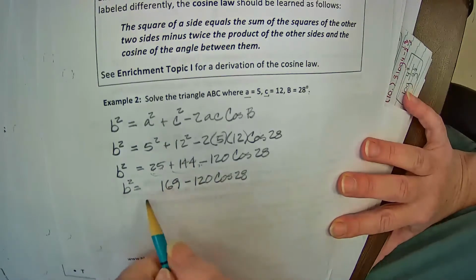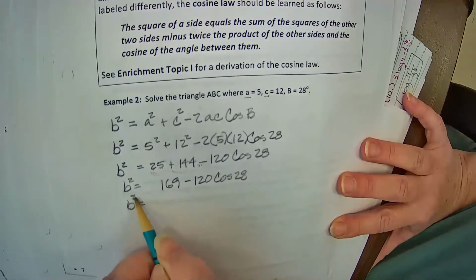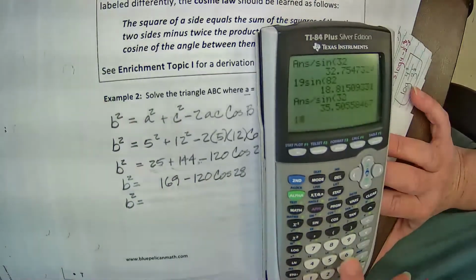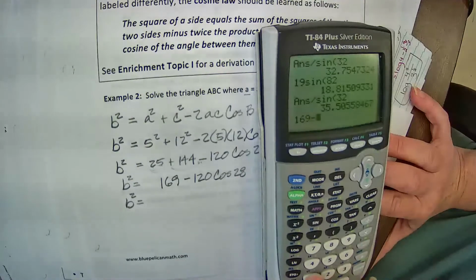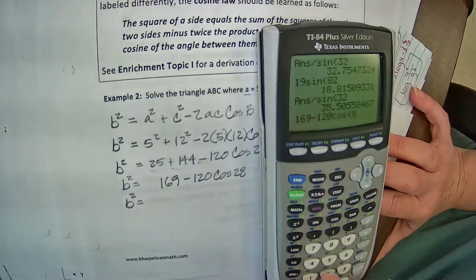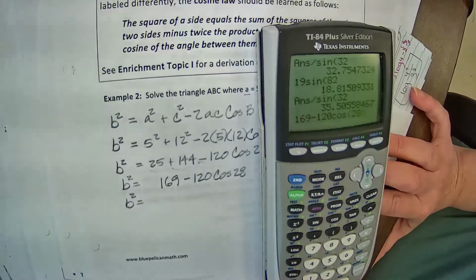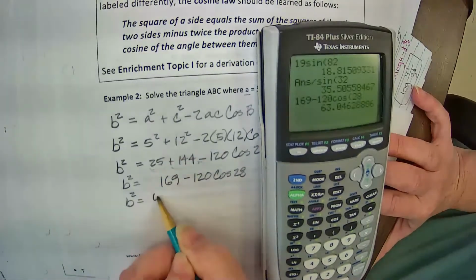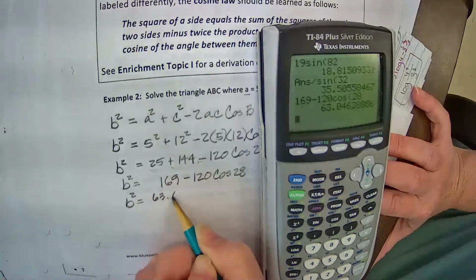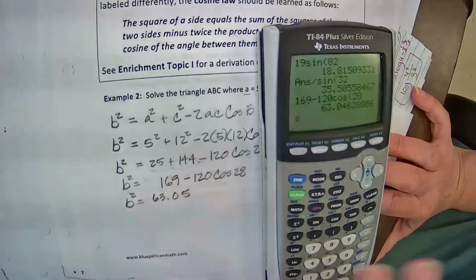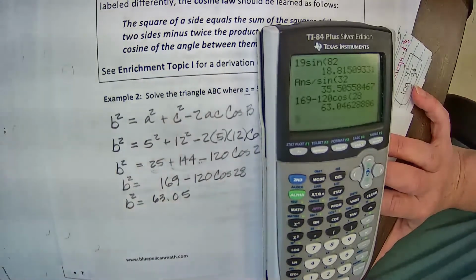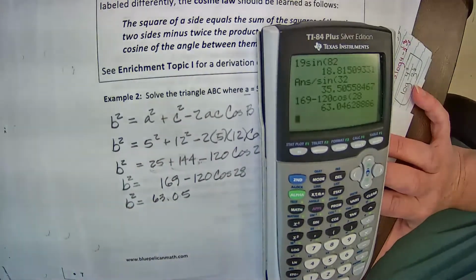Now, I want to put that in the calculator. 169 minus 120 cosine 28. I got it right the first time I plugged in everything. There you go. So 63.0, it's actually 05, but don't clear your calculator. Look up here. Now this is B squared. We need B. How do you undo a square?